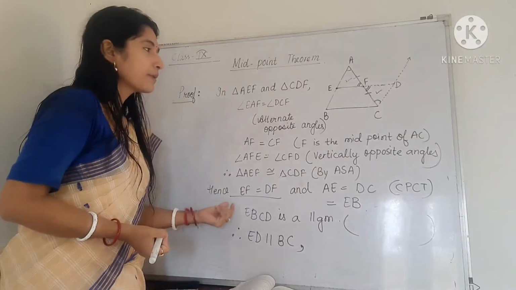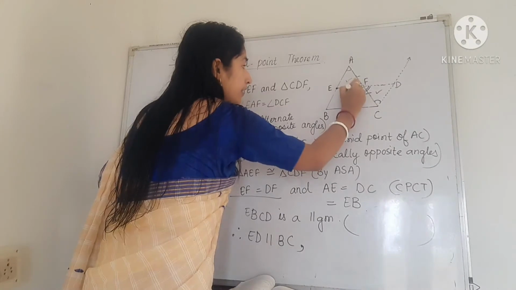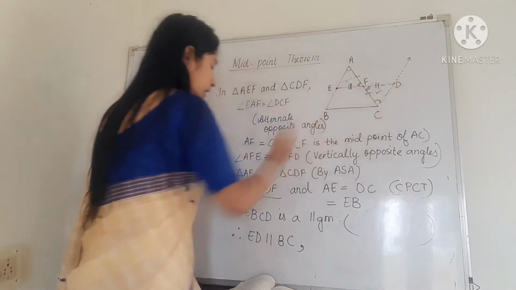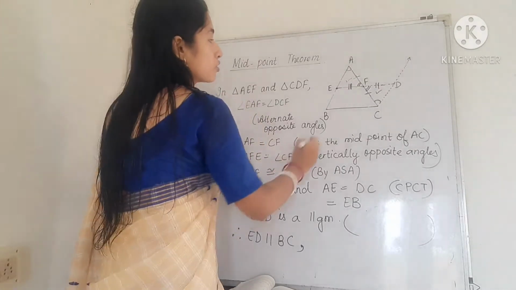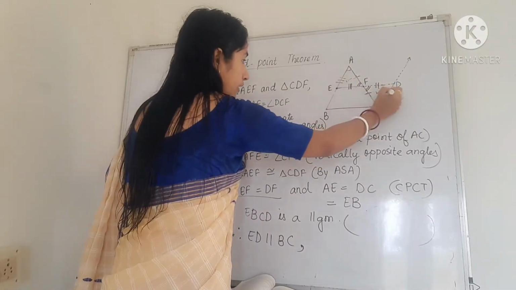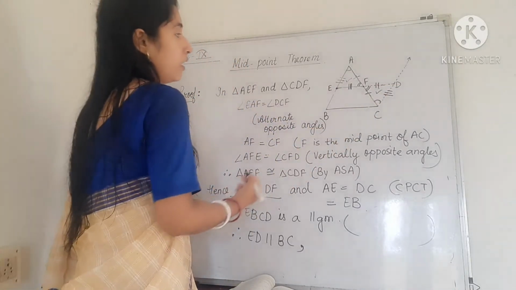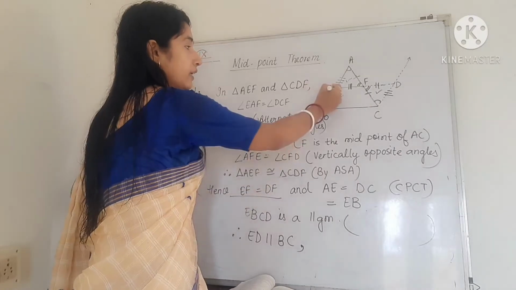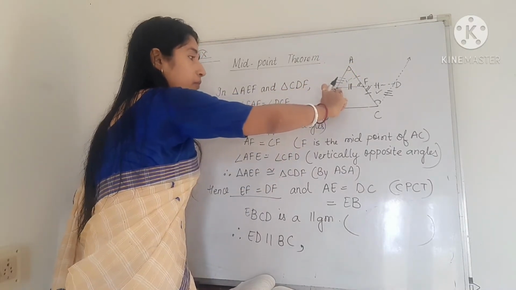So by CPCT we can write EF is equal to DF, and the next one is AE is equal to DC. So these two sides are also equal. But in the given it is already written that E is the midpoint of AB. Therefore, we can write AE is equal to EB.